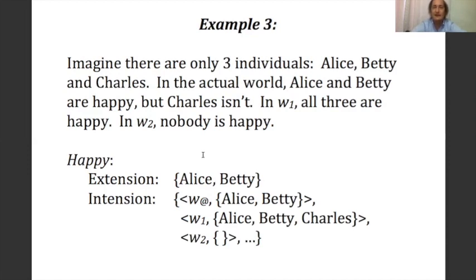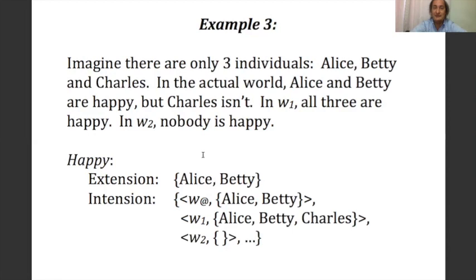Now, the extension of a word like happy is a set of individuals that that word describes. In the actual world, that's Alice and Betty. So the actual world extension of the word happy is the set containing Alice and Betty. The intension pairs worlds with extensions. So we've already looked at the actual world.